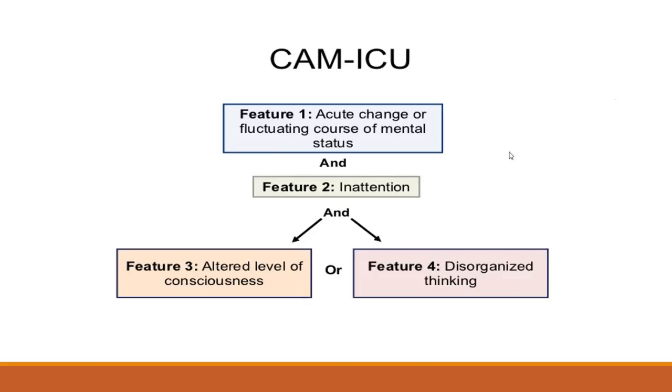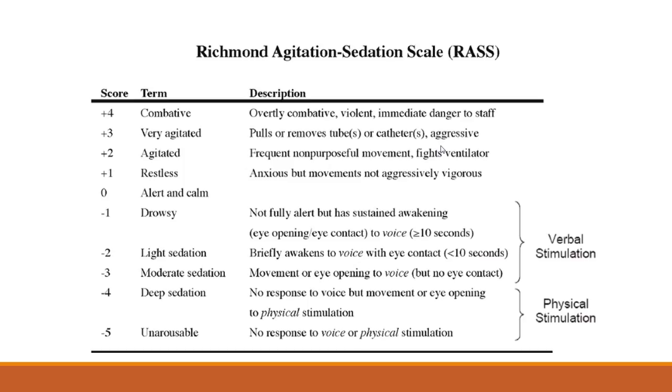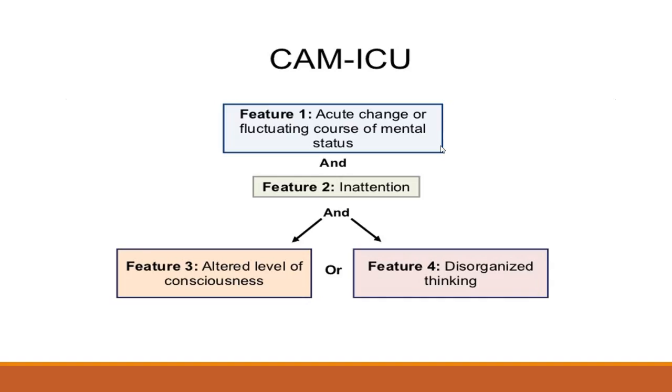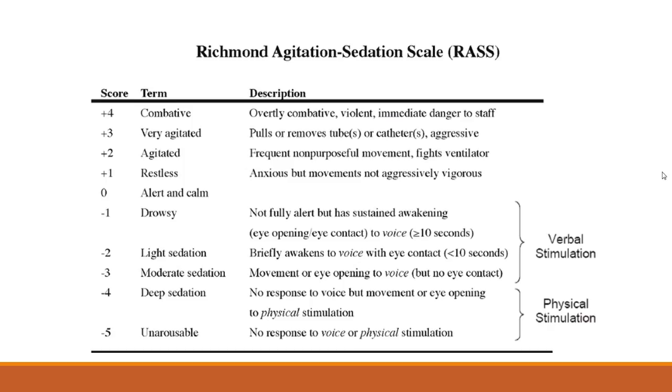So you need to have 3 components with the first 2 being present as well. This is the RASS scale, and this is important because the CAM-ICU utilizes the RASS scale to assess feature 3 and to even determine whether or not it's feasible to do a CAM assessment to begin with.